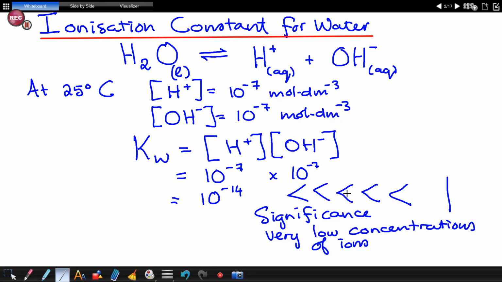The significance of it is that it shows you that there is very little hydrogen ion and hydroxide ion in the solution or in the mixture. Okay, I want to continue.